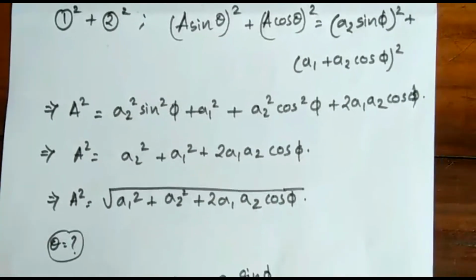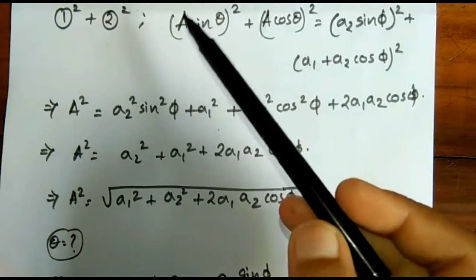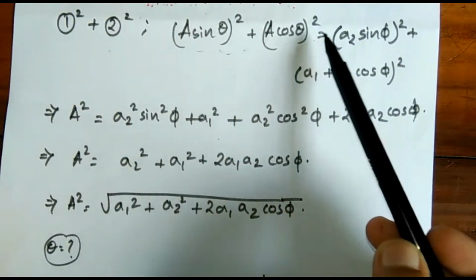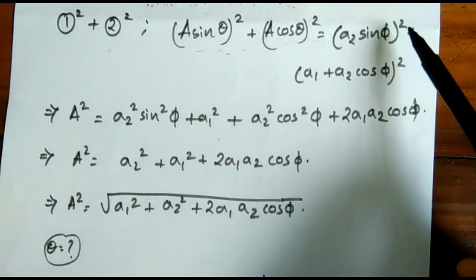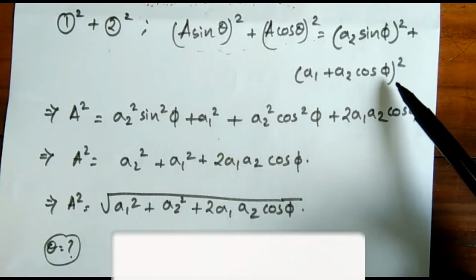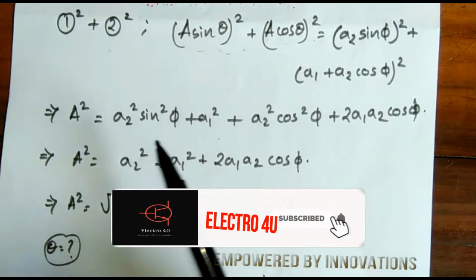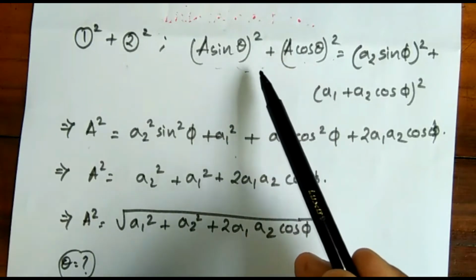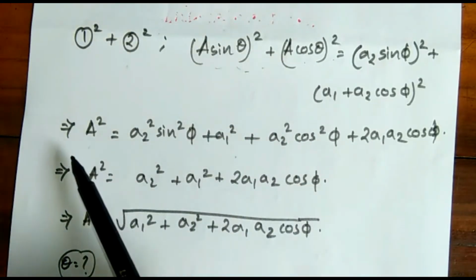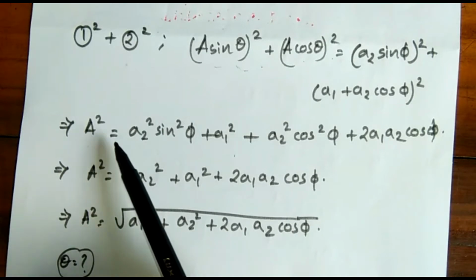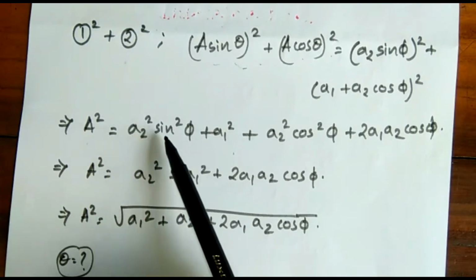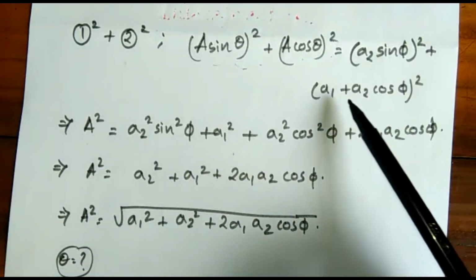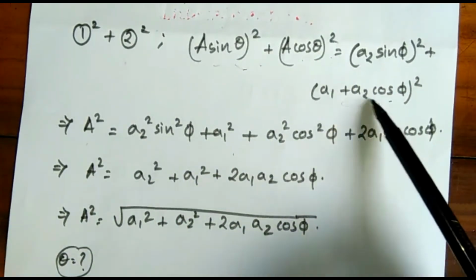So when we first square and then add those equations, we get (a sin theta) whole square plus (a cos theta) whole square is equal to (a2 sin phi) whole square plus (a1 plus a2 cos phi) whole square. Now taking a square as common, sin square theta plus cos square theta you know is 1, so we are not writing it down here. So a square is equal to a2 square sin square phi plus, now we apply the formula of (a plus b) whole square here.